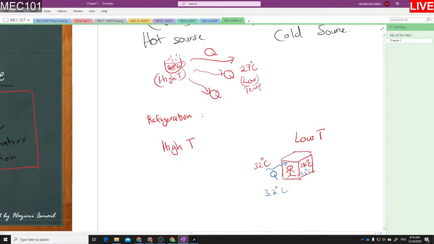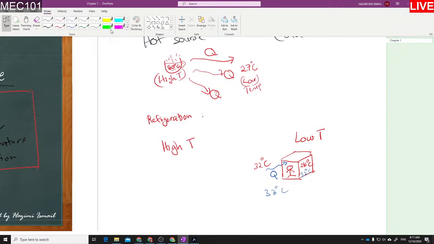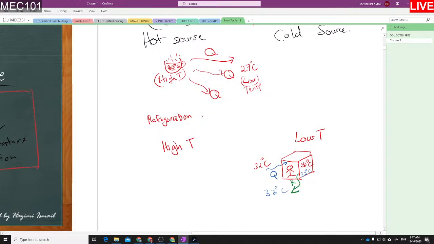Refrigeration must do the process oppositely from the natural process. I will use the color green. We want to reduce or maintain 24 degrees Celsius by transferring heat from your room, which is the lower temperature region.